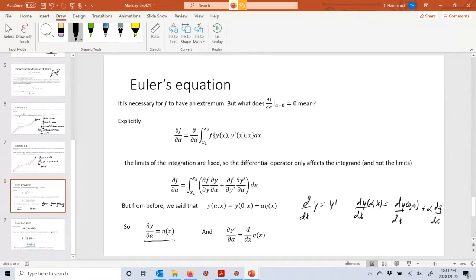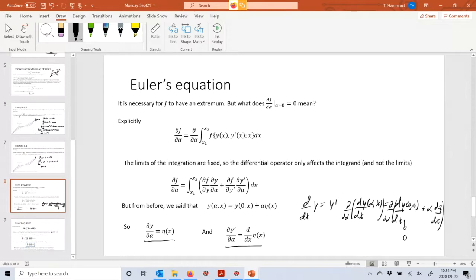Right? So what that means is that when we take the partial derivative of that with respect to alpha, since there's no alpha term here, this will be 0.